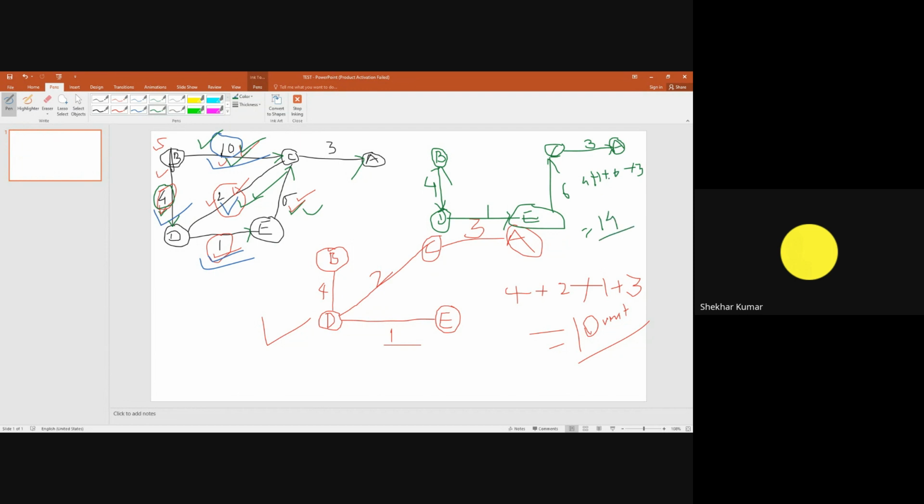Now the cost is 14 when it is a directed graph. If I convert this undirected graph into a directed graph by associating some direction with the edges, I find the minimum spanning tree cost is 14. Now is it clear?